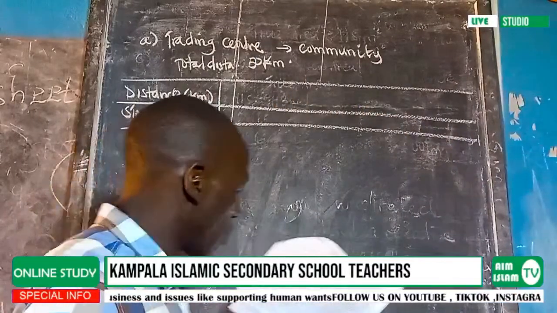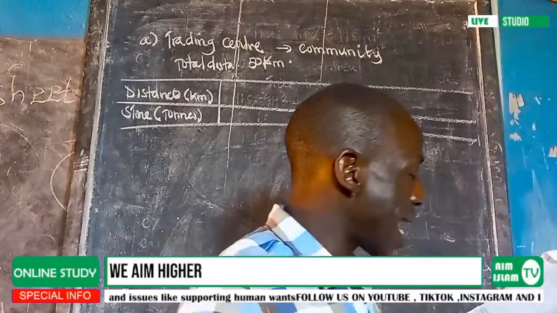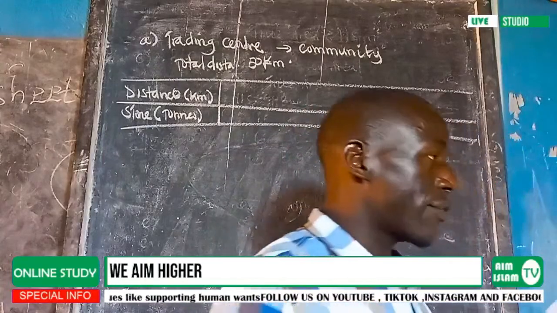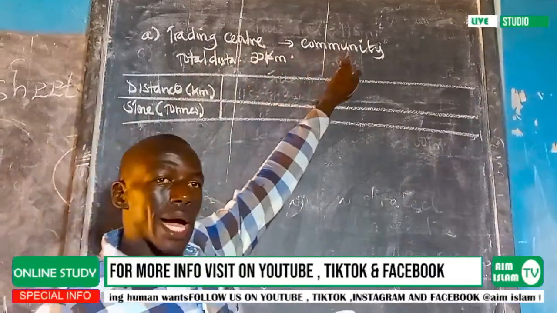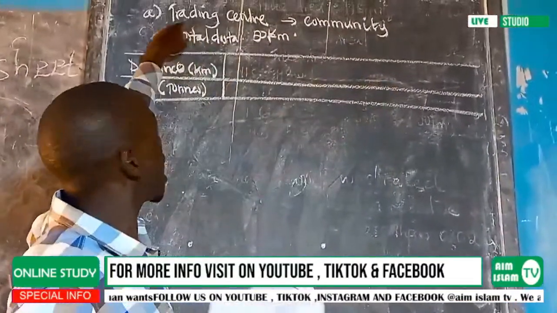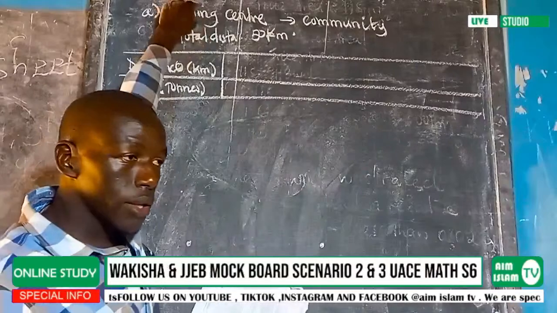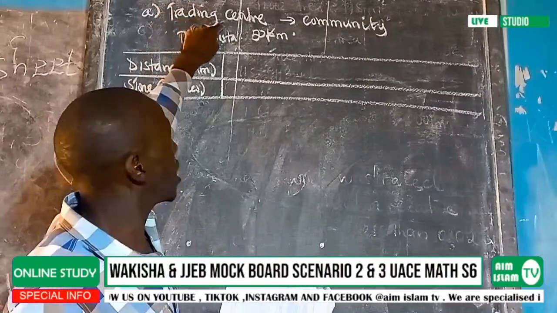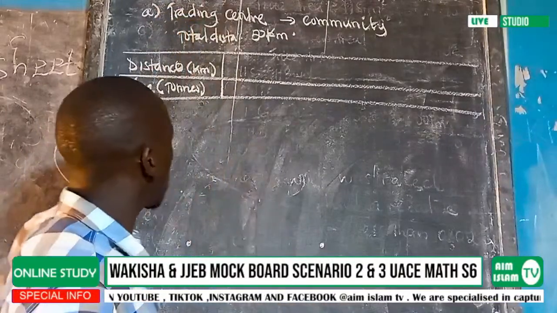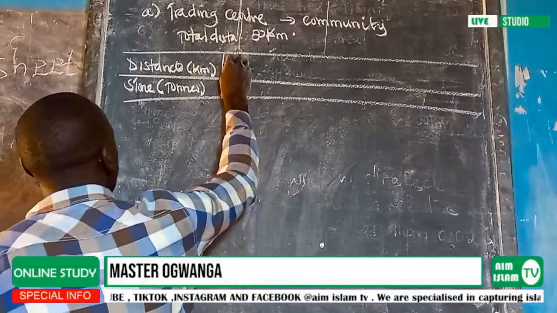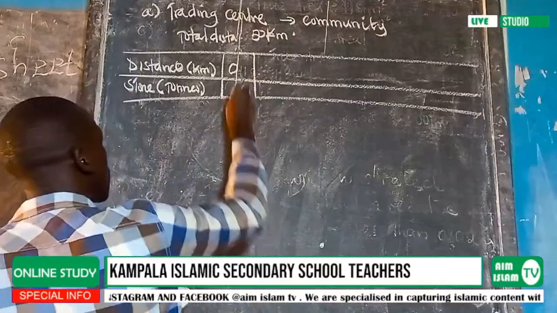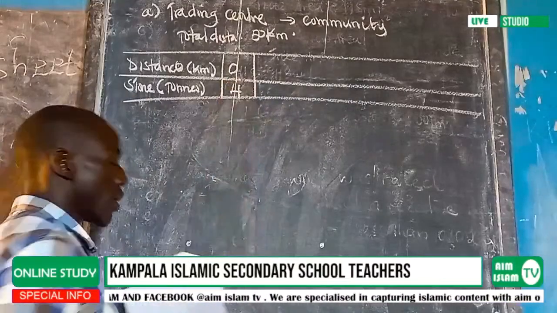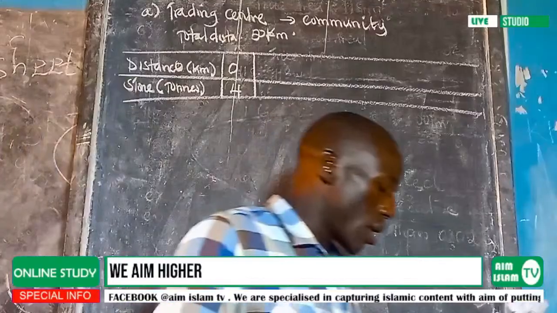So I'm going to read as I summarize. They are saying at a trading center, remember we are moving from a trading center up to the community, meaning that if it is at a trading center, there is no distance here. The distance here is equal to 0 because that will act as our starting point. At a trading center, it was 4 tons of stone being offloaded.